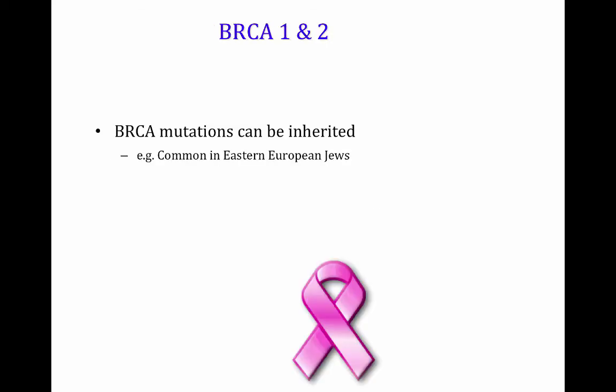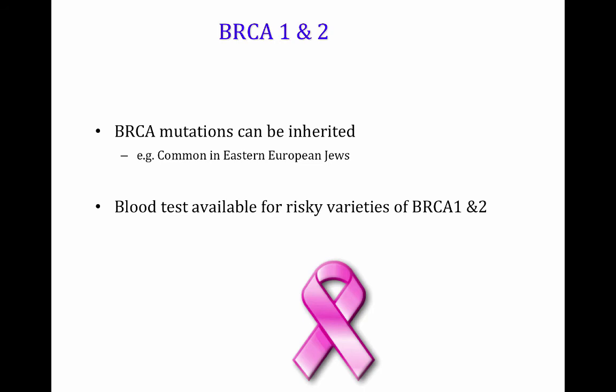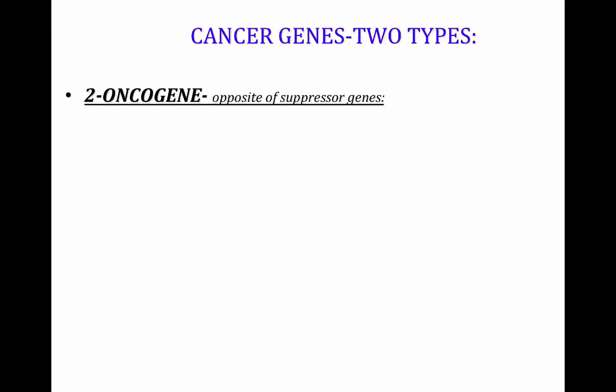These mutations are commonly found in Jews of East European heritage, and there are blood tests available that can look for these mutations. We'll talk about some of the decisions that people may make when they find that they have these mutated genes.